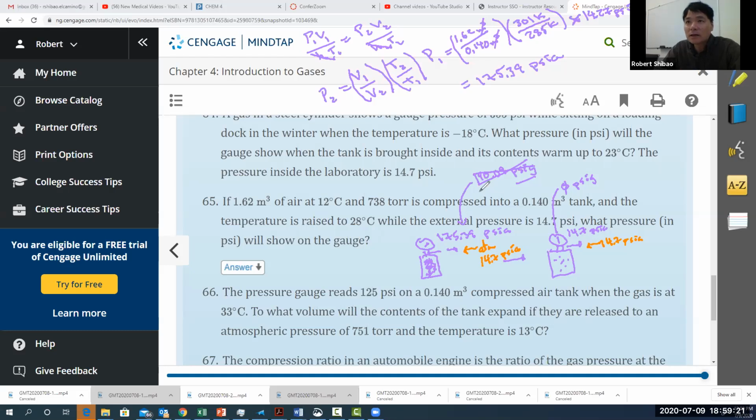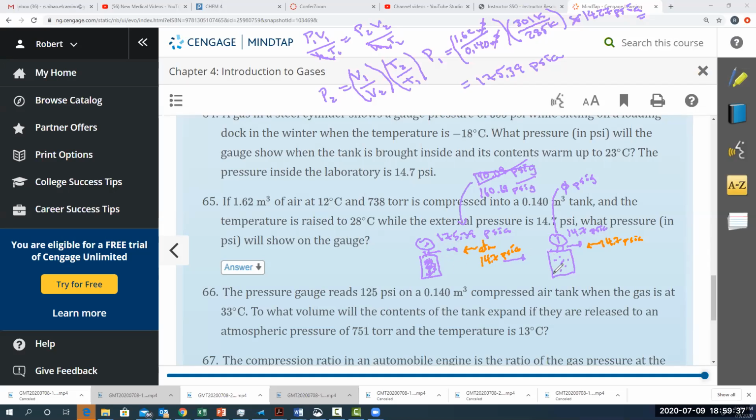And so that means I can only use 160.69 PSI out of that. Because once I use all of this, that's going to leave 14.7 PSI in the tank. And so the tank will be filled with just 1 atmosphere of air.